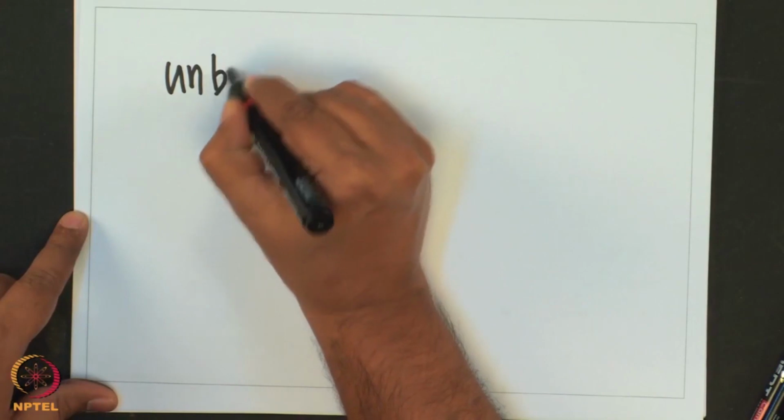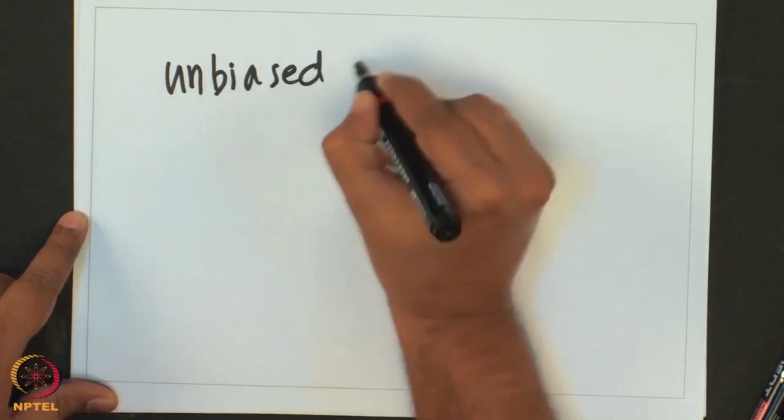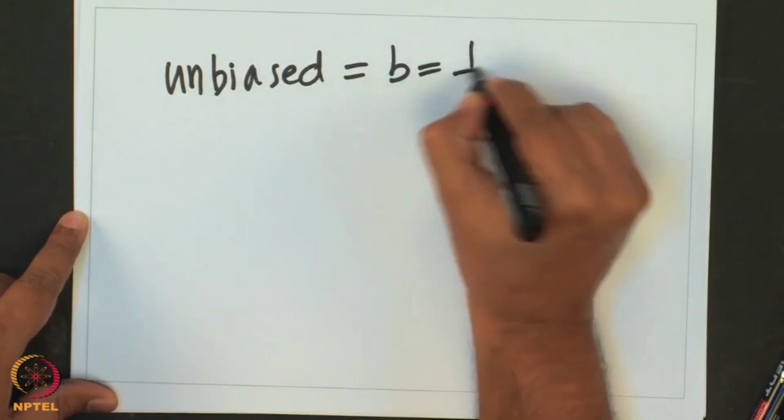In a typical situation, if you have offspring, male or female, there is an equal probability of the offspring being male or female. So the probability is half. So b is the bias. Typically, unbiased would mean b is equal to half.